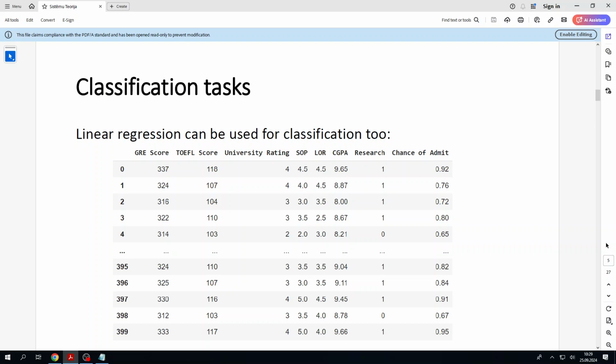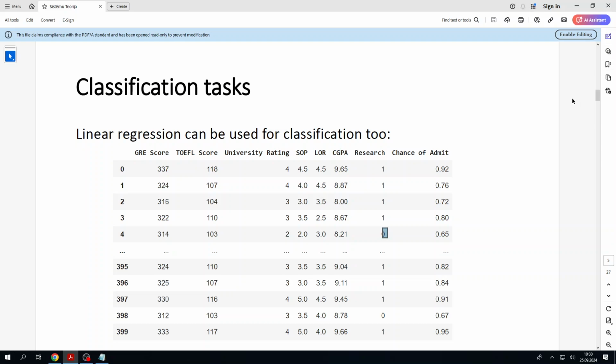Like, what is the probability of a student to be admitted to, I don't know, a PhD degree program, let's say, based on different parameters, like what is his mean score in different courses, what is his English language knowledge, what kind of university did he graduate from, does he have a certain research ongoing already, yes or no, and so on. And based on that, the algorithm is going to calculate the probability of the student getting the funds to study further in a PhD program. For example, this kind of problem, yes?